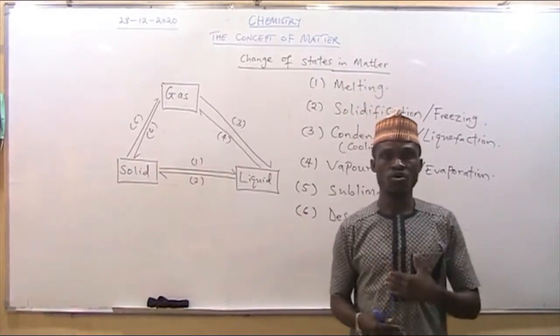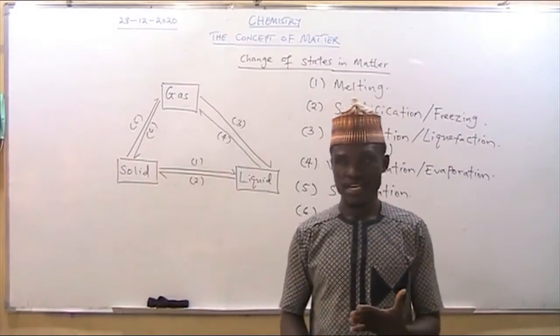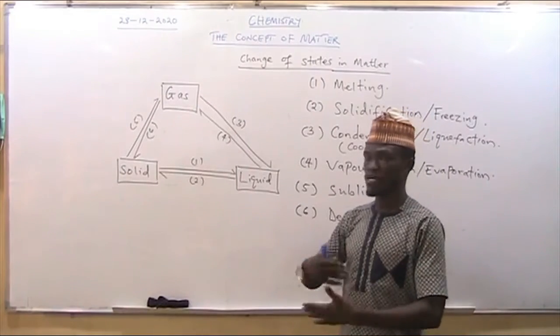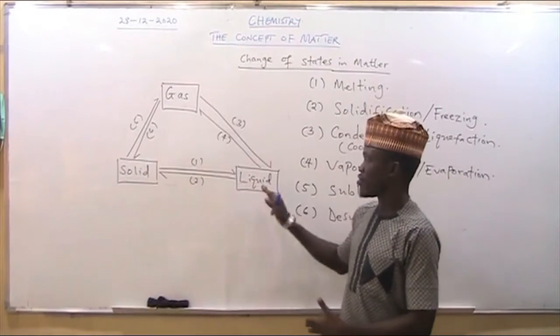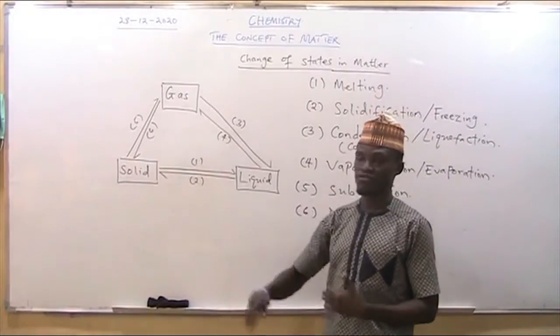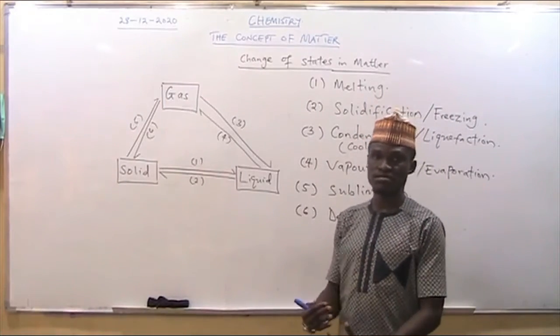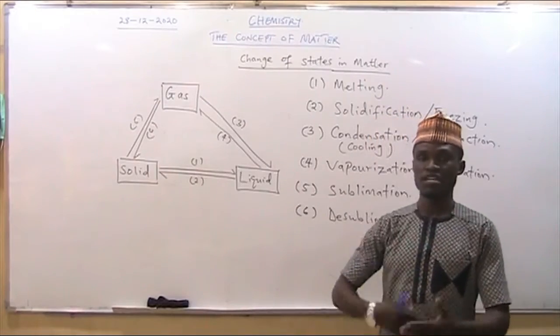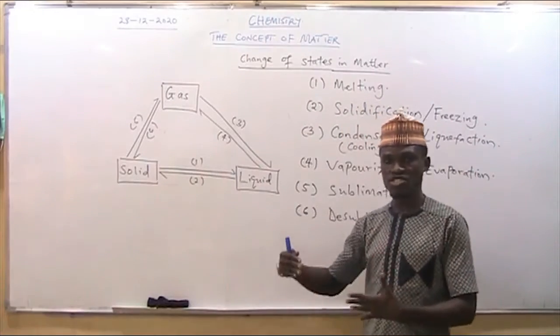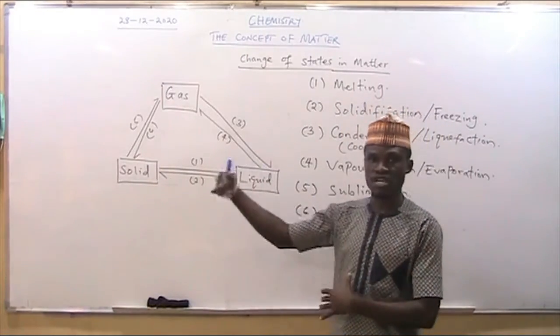Melting can only occur when temperature is high. But when the temperature of the liquid keeps dropping, it will be transformed back into solid again. So temperature plays an important role in the transformation of solid to liquid and liquid to gas.